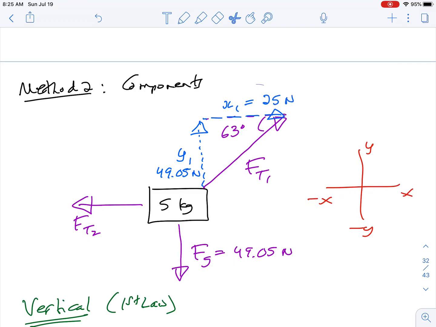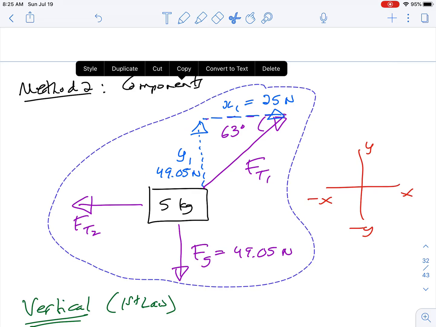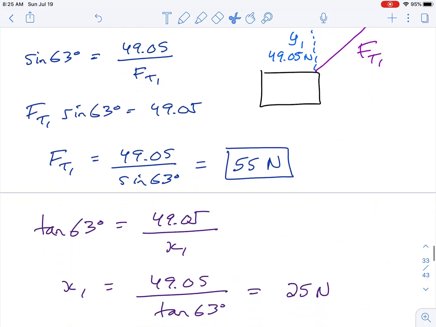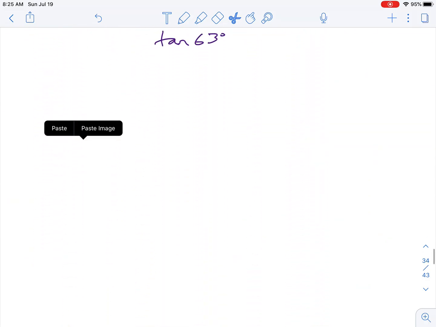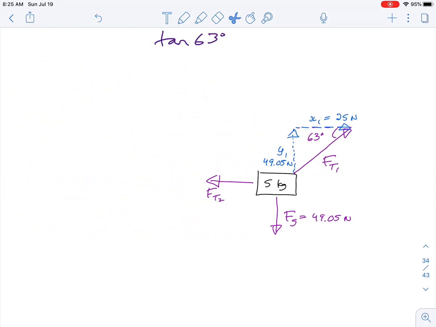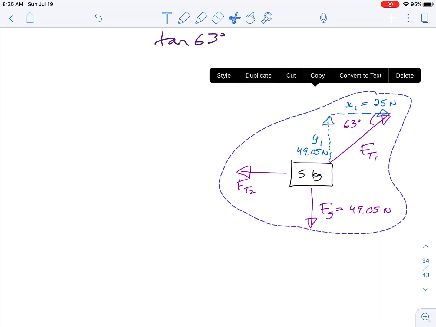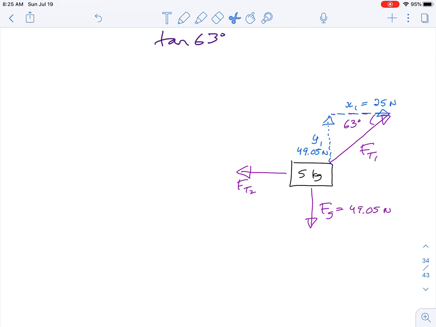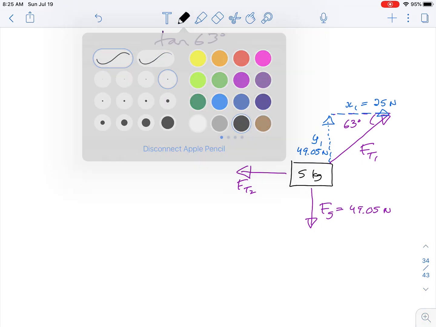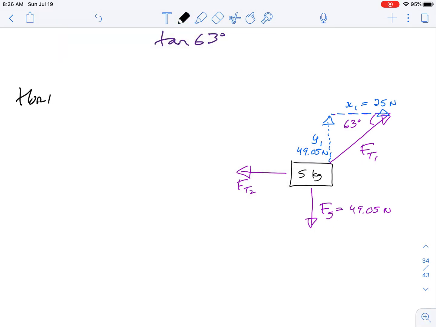I'm just going to take a copy of that so we can finish this question off. So I'll bring that down to here, shrink it down a little bit, bring it to the side. Now that we've done that, we can take this thing on horizontally. If we go horizontal, or relative to the x, then we know again that F net continues to be 0.